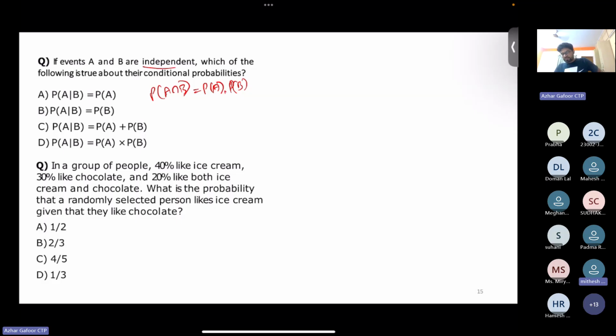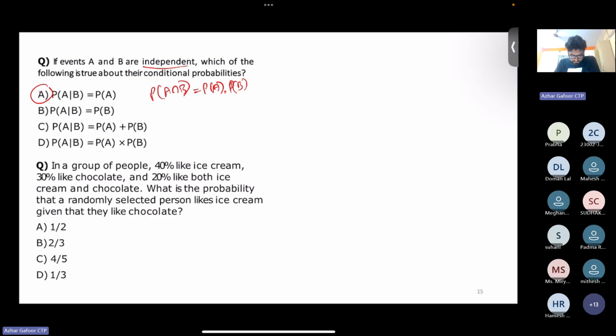If you use this and try to solve it, you can answer the first question. Option A, sir. Option? A, sir. A. Okay. Yeah, that's the correct answer.